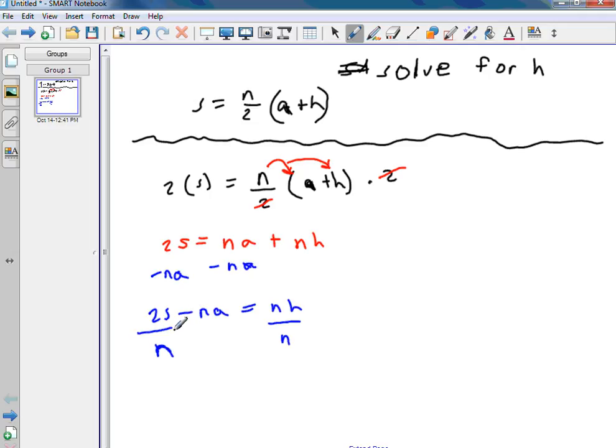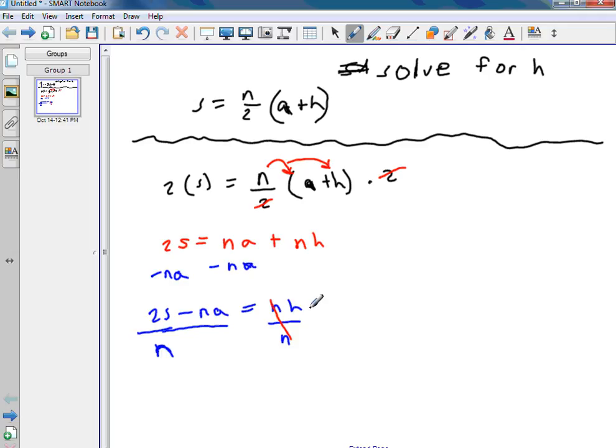So what they're doing here, saying, all right, I've got N over, and I'm going to draw a line all the way across. I've got 2s minus N times A over N. And so what ends up happening here is, these guys are going to cross out.